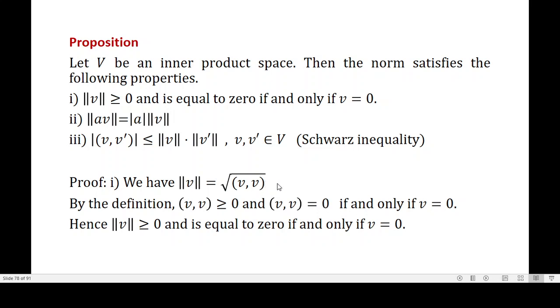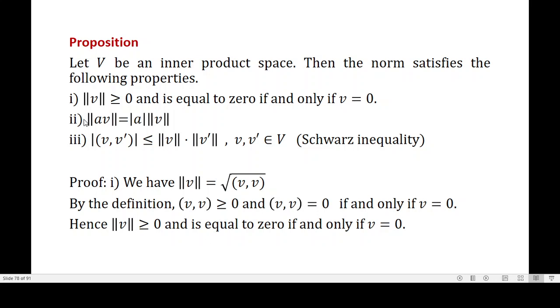So this is greater than or equal to 0, and it is equal to 0 if and only if v is equal to 0. Therefore, norm v is greater than or equal to 0 and is equal to 0 if and only if v is equal to 0. So this clearly follows from the definition of inner product, right?